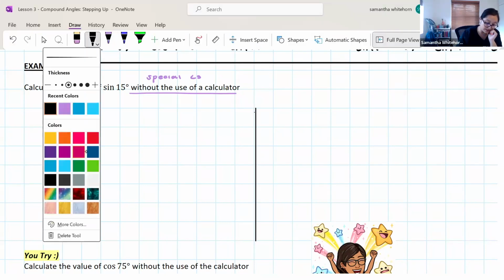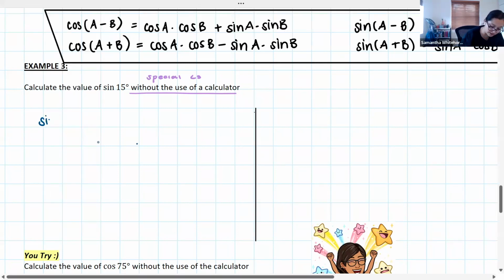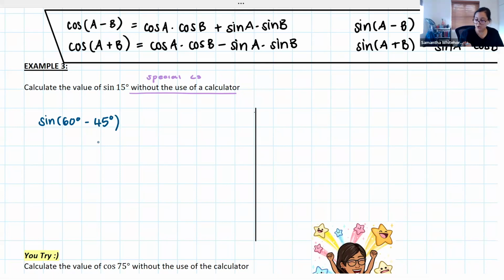Right, so if we go 60 minus 45, we can write this as sine of 60 degrees minus 45 degrees. Both of these are now special angles, which means you can apply your special angle ratios. So 60 minus 45, two angles, we're looking at our compound angle formula, which you can't see, but I'm going to write it.